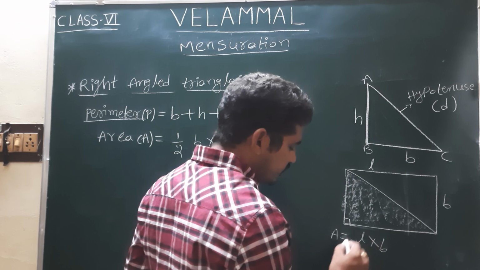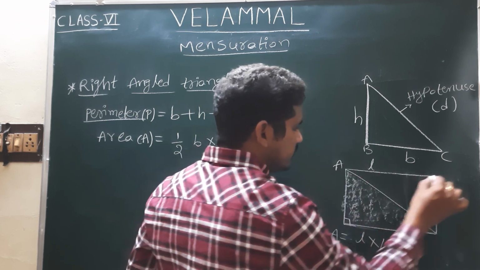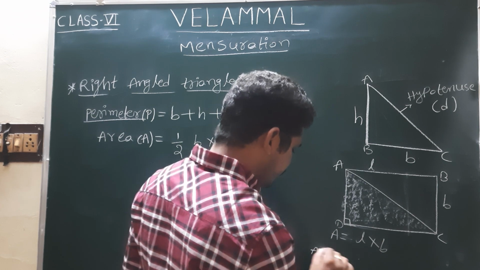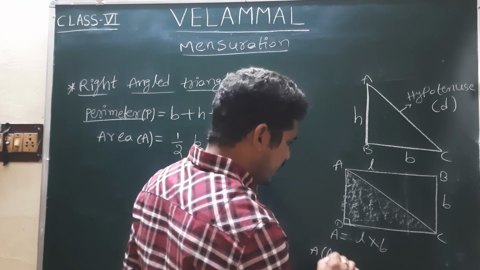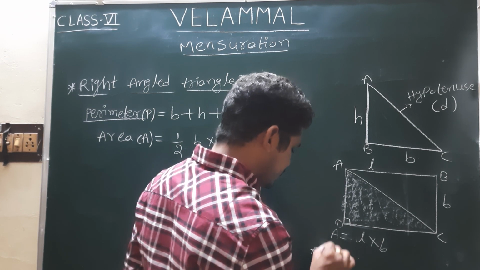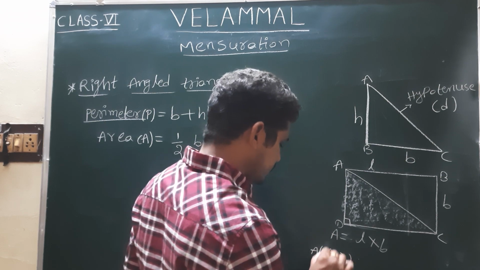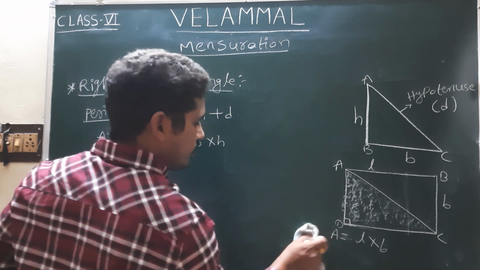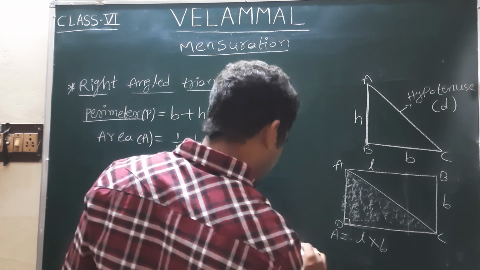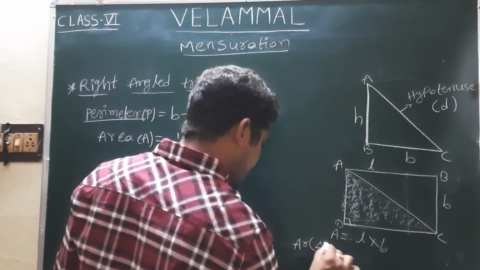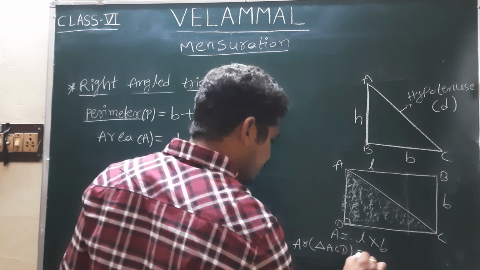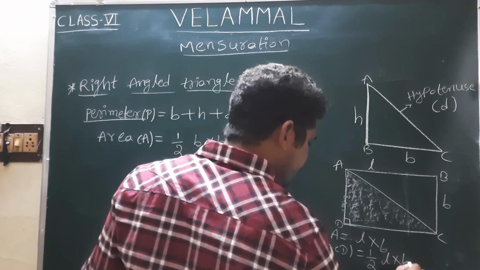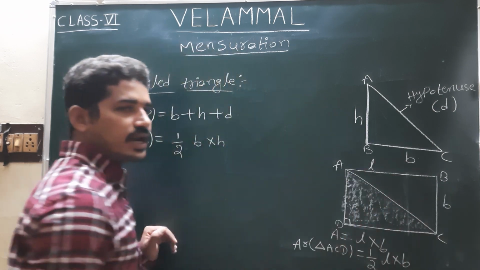So if we consider the area of triangle ACD, that will be exactly half of the area of the rectangle.